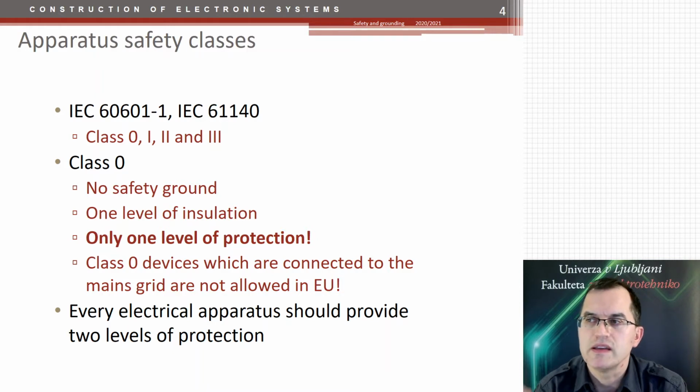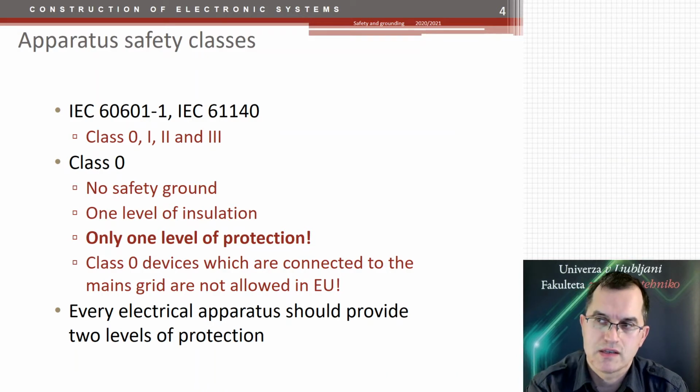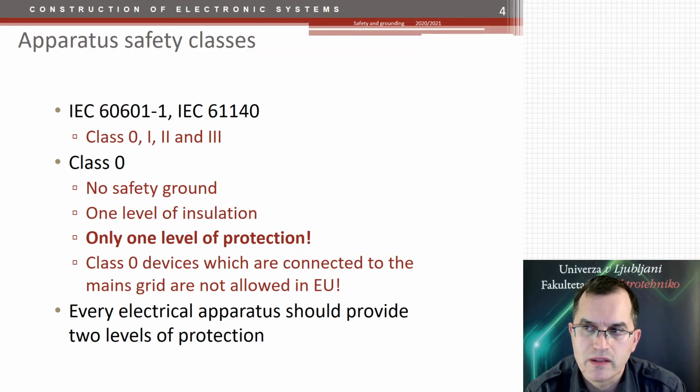What does that mean? All devices should provide at least 2 levels of protection, which means either one level of insulation plus one grounding, or 2 levels of insulation. So class 0 devices provide only one level of protection because they are not grounded and they have only one level of insulation.